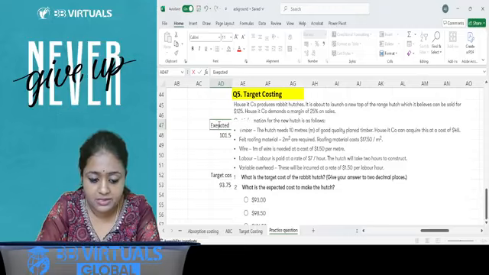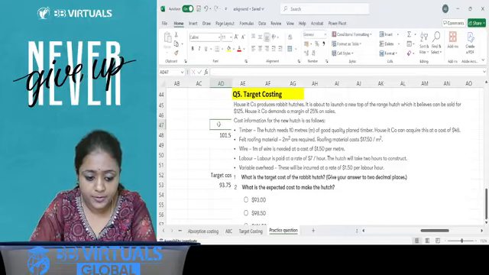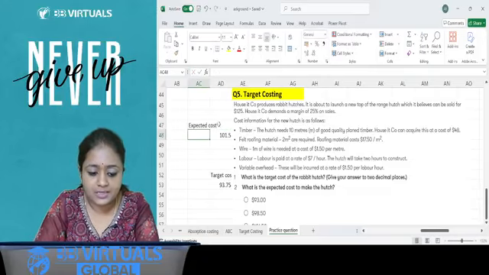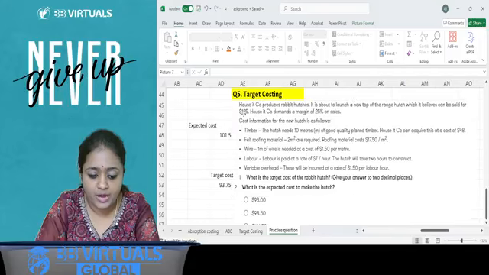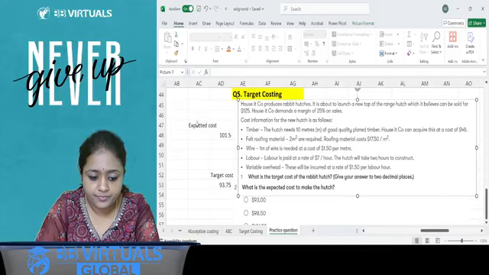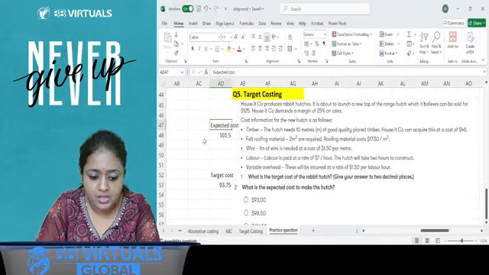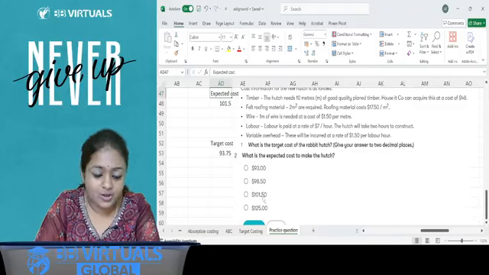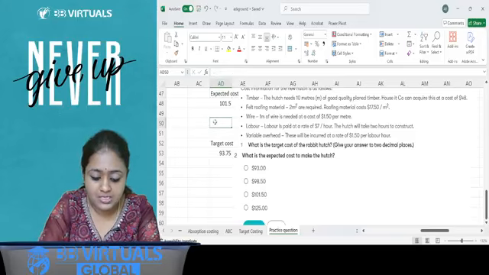Let's see if it is there in the options or not. So expected cost is 101.5. Okay, we have this here as an option. So we got this correct. Expected cost, target cost. Now what is the cost gap?